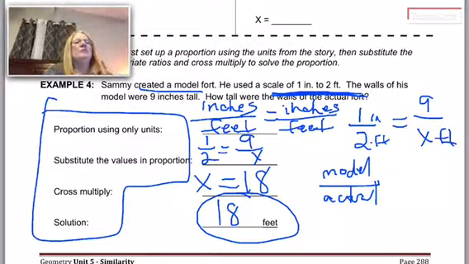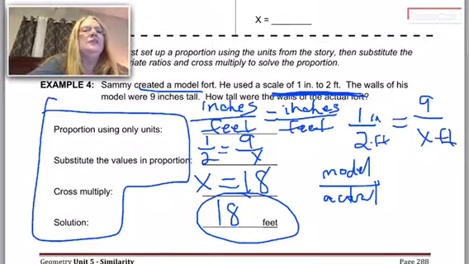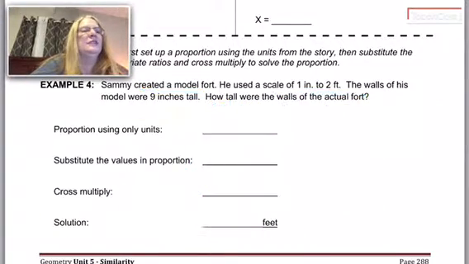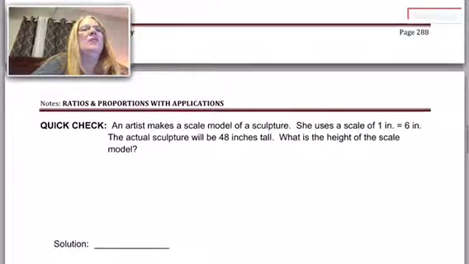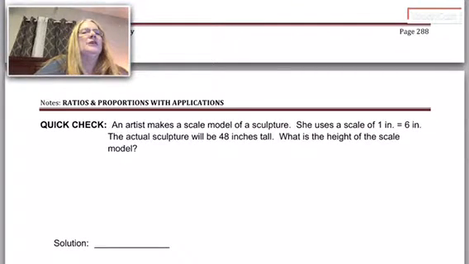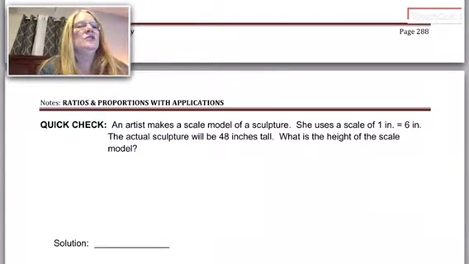Okay, so you have to be careful with your dimensions, and you need to make sure whether you're putting the x on the top or the bottom of the ratio. Okay, so let's look at the next one. An artist makes a scale model of a sculpture. Okay, so again, you're going to have a scale and you're going to have the actual. She uses a scale of 1 inch to 6 inches.